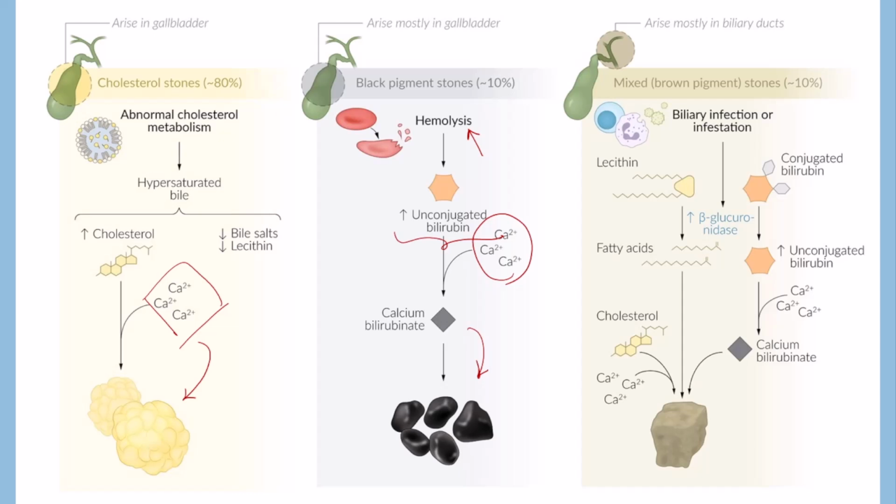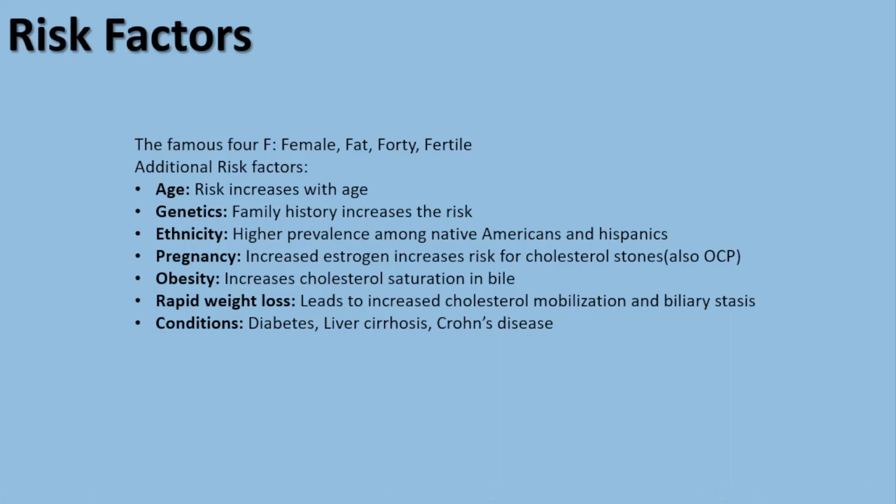And mechanism of the mixed type brown pigmented stones is something in between, and as you can see, this is due to the fact that we have biliary infection or infestations of the bacteria inside our biliary system.